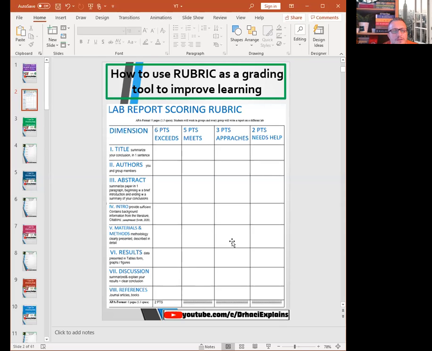Fourth is the introduction, which is also the background. This is an important section because here you need to provide sufficient background information by reading a few journal papers and maybe your chemical biology book or some other books to search this topic, and paraphrase and summarize your findings to explain the background information about this topic.